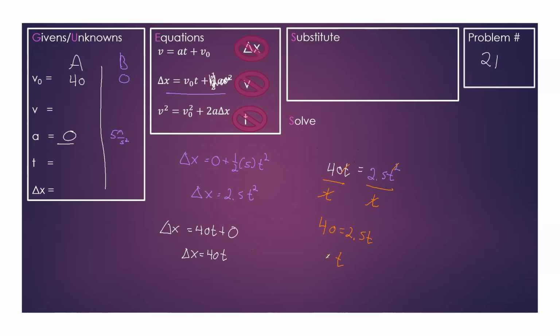T is equal to 40 divided by 2.5, which is 16 seconds. Now I can save myself some time, and instead of rewriting these to be equal to t and solving for delta x, for part B I could just go back and say delta x equals 40 times 16. Therefore, they travel 640 meters.